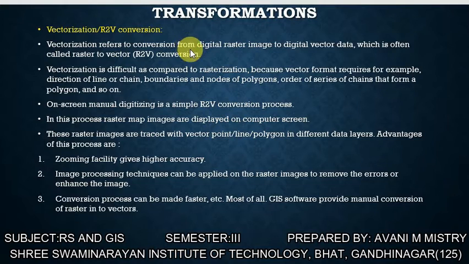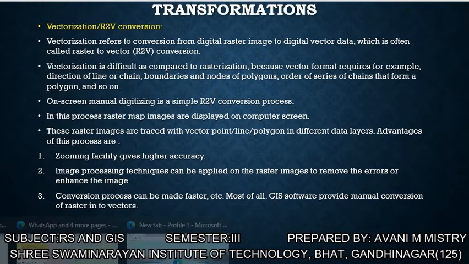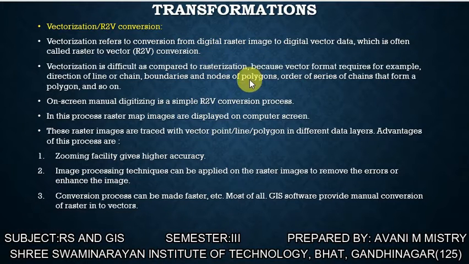Vectorization refers to the conversion from a digital raster image to digital vector data, which is often called raster to vector conversion. Vectorization is difficult compared to rasterization because the vector format requires, for example, the direction of the line chain, boundaries and nodes of polygons, the order of the series of chains that form a polygon, and so on.